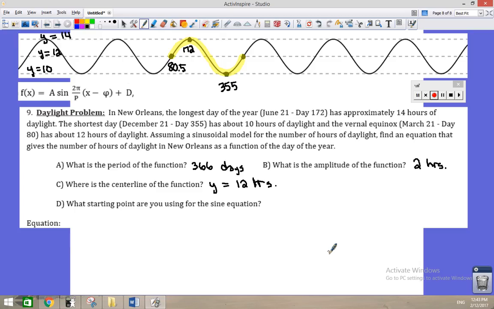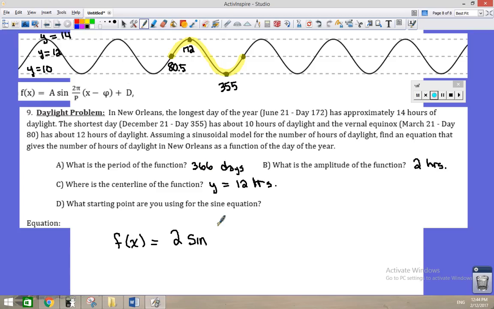Yeah, I guess it does. Technically our input is integer values and the number of day that you're on. Alright, the amplitude is 2.